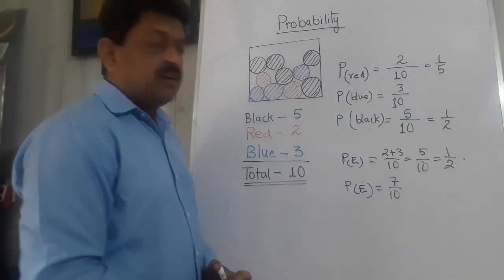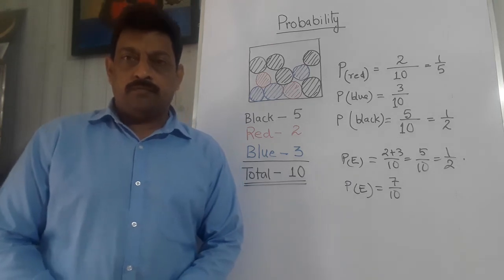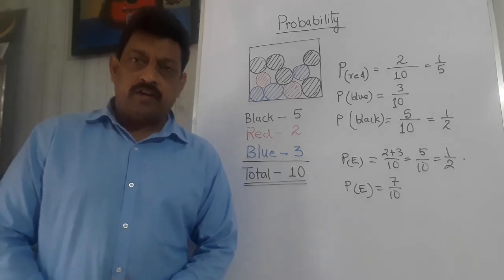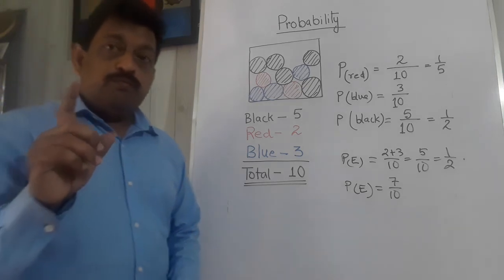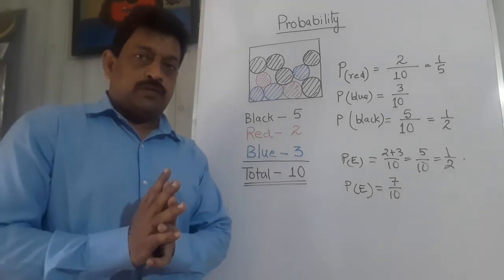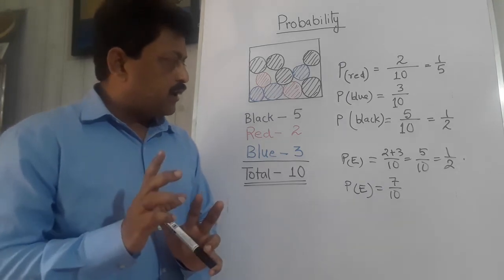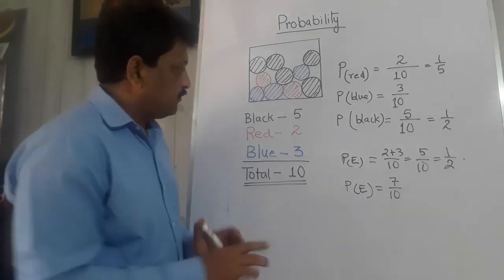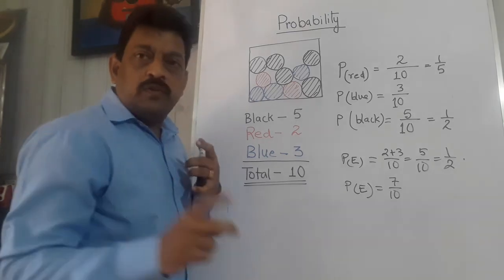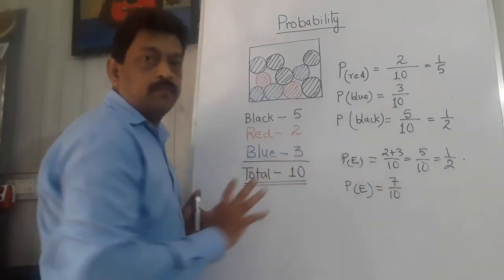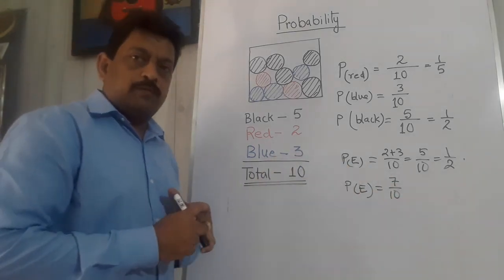Okay. Now, what is the probability of getting a black and red ball? Black and red ball. Now, be careful about the language of the question. If the question is asked either black or red, so we can take both. 5 plus 2, 7 upon 10.